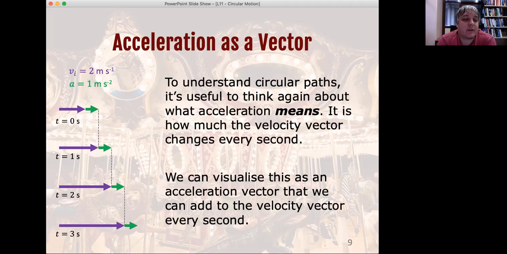So we take our 2 meter per second velocity and add on the acceleration vector, and that tells us how big the velocity vector will be 1 second later after that acceleration has occurred, and so on. You can just keep adding that acceleration vector on every second, and it shows you what the velocity vector will be every second. That's pretty straightforward, because all we're saying is that the direction's not changing, the velocity is just getting 1 meter per second longer every second.